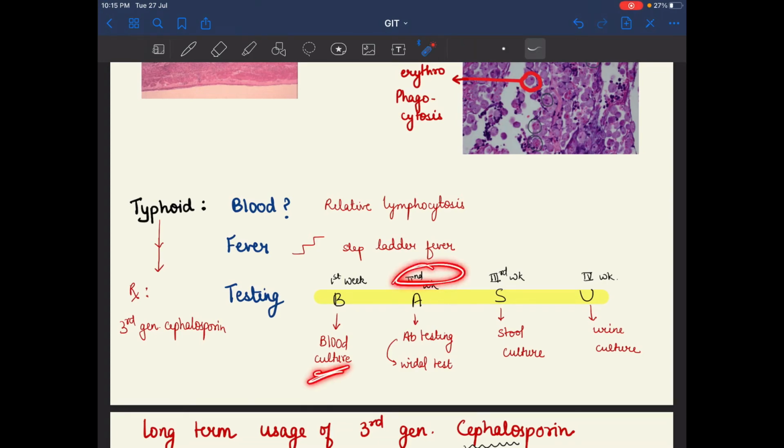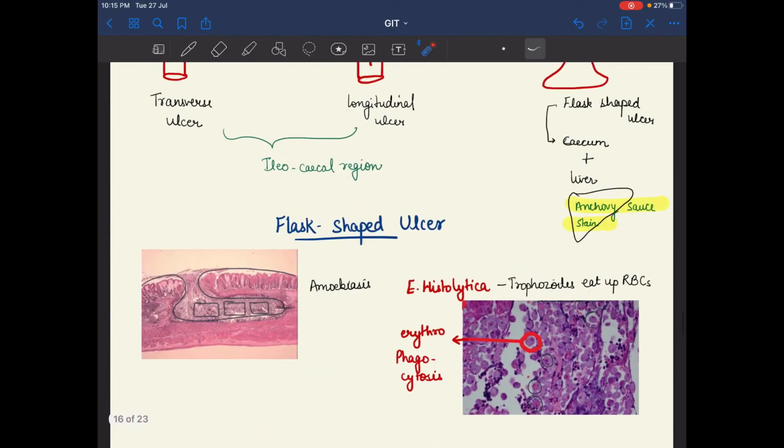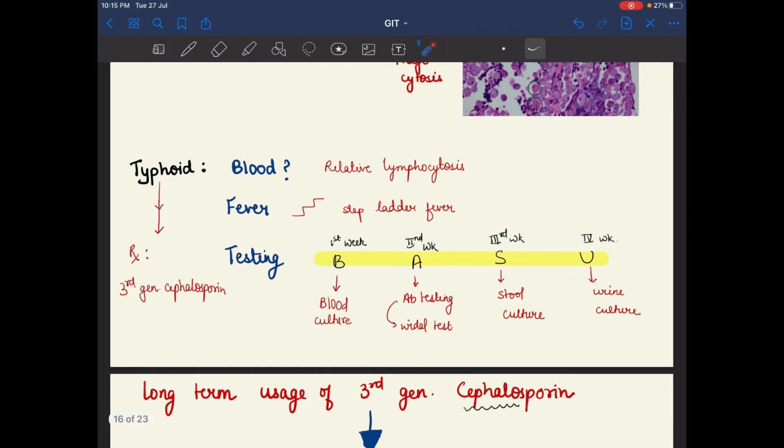In the second week we do antibody testing, that is the Widal test. In the third week stool culture, and urine culture is done in the fourth week. So this is a trick for testing of typhoid, that is BASU. And for the treatment of typhoid we have to give third generation cephalosporin.